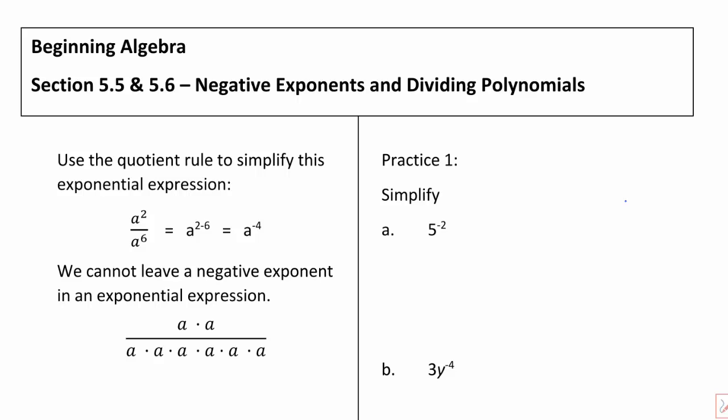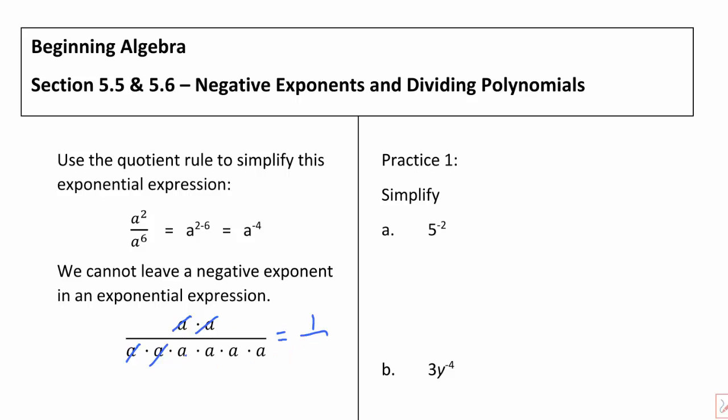So what we can do is write a squared divided by a to the sixth as a times a divided by a times a times a times a times a times a. Because all of these are factors, this a cancels with this a, and this a cancels with this a. In the numerator, everything cancels, so I'm left with 1.